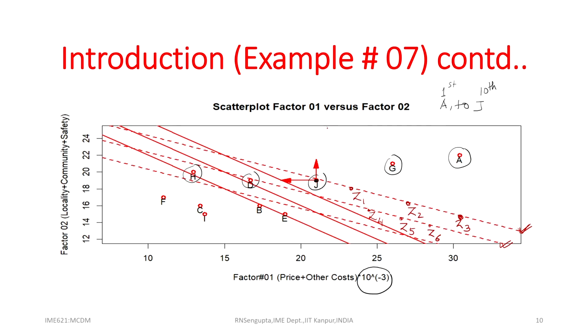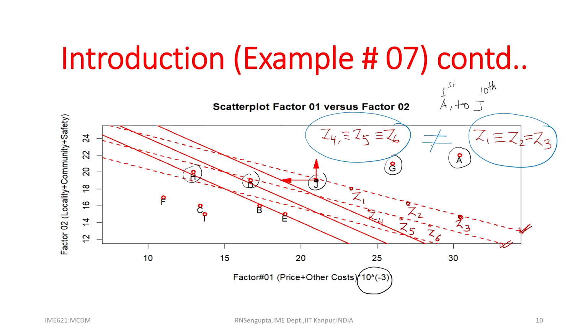The satisfaction for Z4 would be equal to Z5, which would be equal to Z6, and Z1 would be equal to Z2, which would be equal to Z3, but the combined value for this line and the first one would never be equal. They are on a different plane, a different level of satisfaction, like trying to have a different set of income. Based on that income I try to meet the needs.